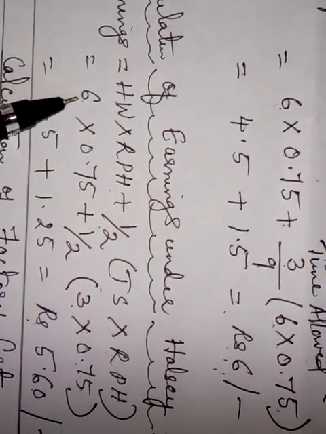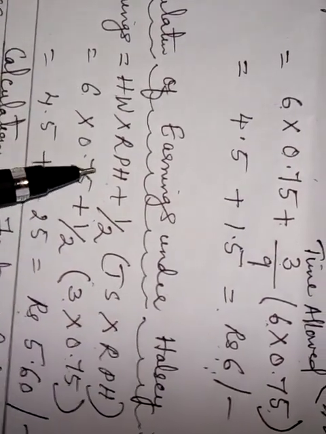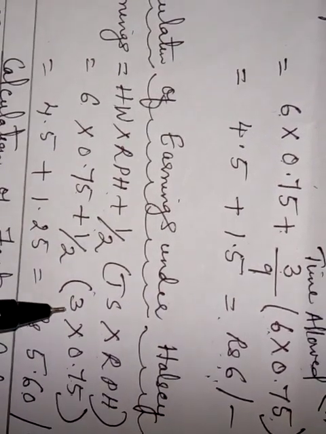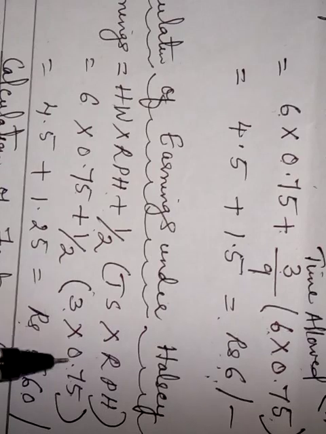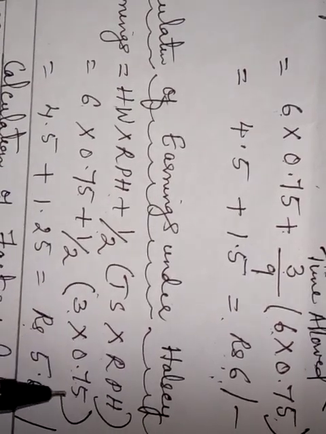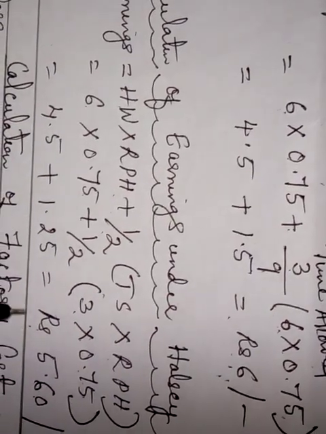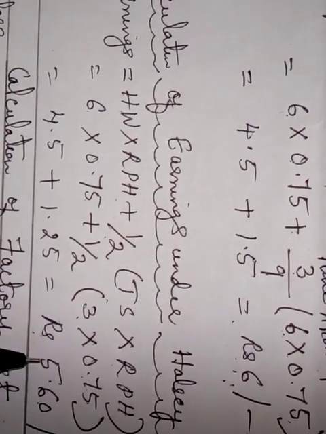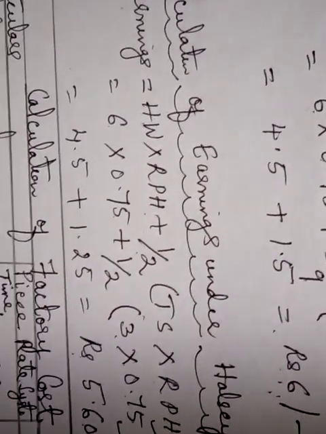Here hours worked is 6 into rate per hour 0.75 plus half of time saved, 3 hours, into rate per hour 75 paisa. With this calculation, earnings come to rupees 5.60, 5 rupees 60 paisa.